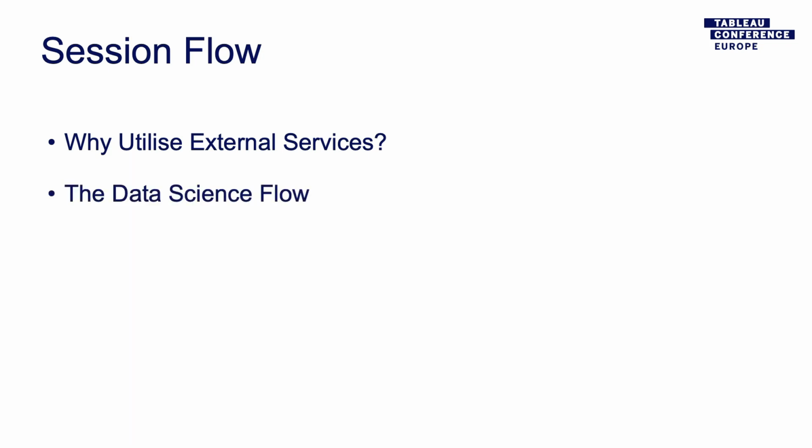As for the flow of the session, I'm going to talk around why it might be helpful to use external services in the first place. Then I'm going to talk a little bit around what it is that I'm referring to when I talk around the data science flow or the data science process. Then we're going to have a little recap of how the integration works. The focus of today's session isn't to go through that in too much detail, but I just want to make sure everyone's got the same base level knowledge before we jump into some examples.